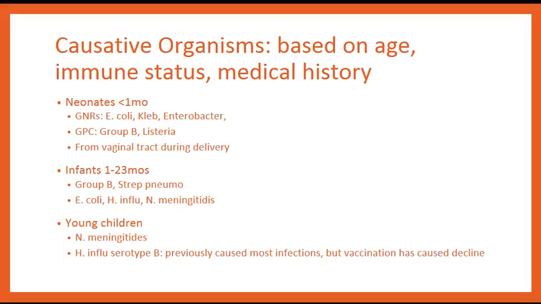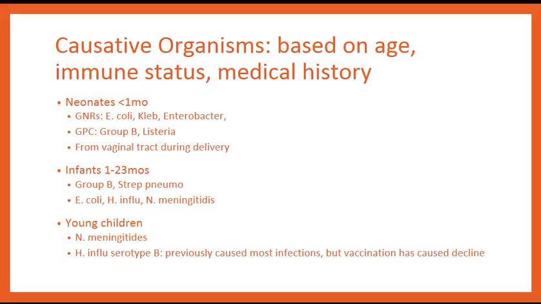Infants 1 to 23 months, so this is 1 year to 2 years, the most common are group B, Strep pneumo, E. coli, Haemophilus influenzae, and Neisseria meningitidis. Young children, Neisseria meningitidis.